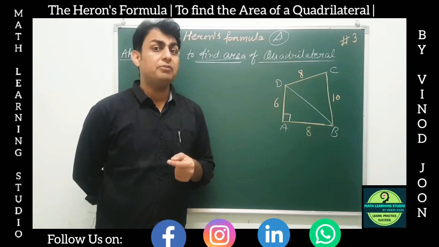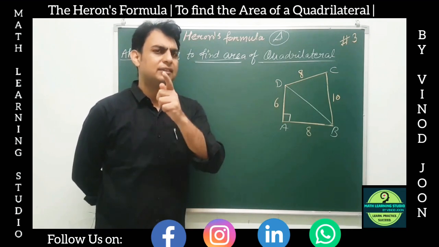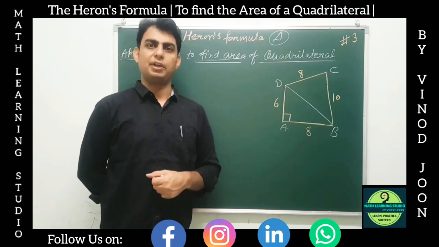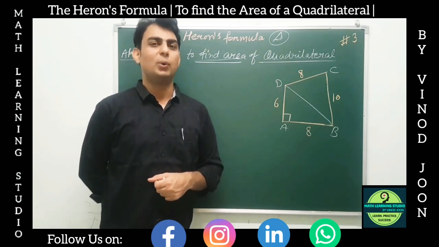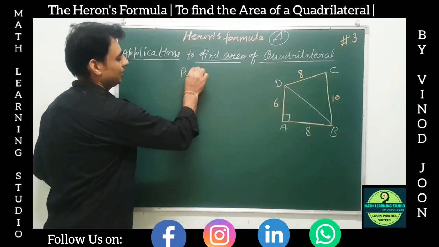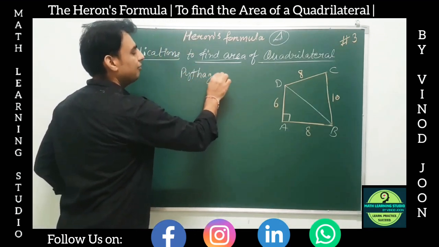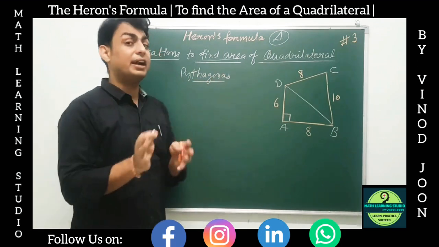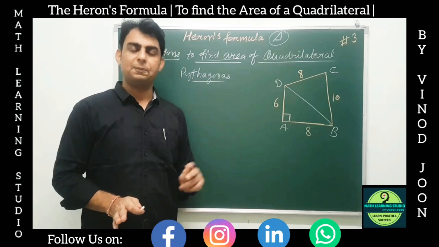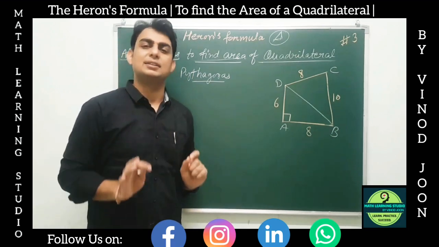And whenever we have a right angle triangle, there is one concept that always comes in. It says, yes, I am here, use me. What is that? Yes, that is the Pythagoras theorem. Whenever we have a right angle triangle and we are talking about sides, this definitely comes in.